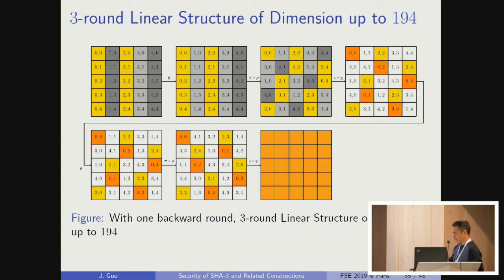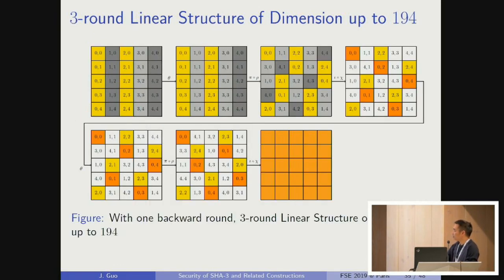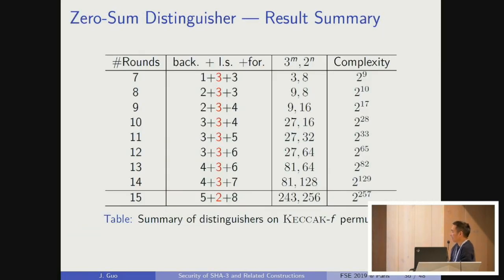Okay, so we have a 2-round linear structure of dimension up to 512, and a 3-round linear structure of dimension up to 194. If we use that, we can do some distinguishers for up to 14 rounds using the 3-round linear structure, which is of dimension up to 194. So all the sizes, all the algebraic degrees are limited by that 194 if we want to use that one.